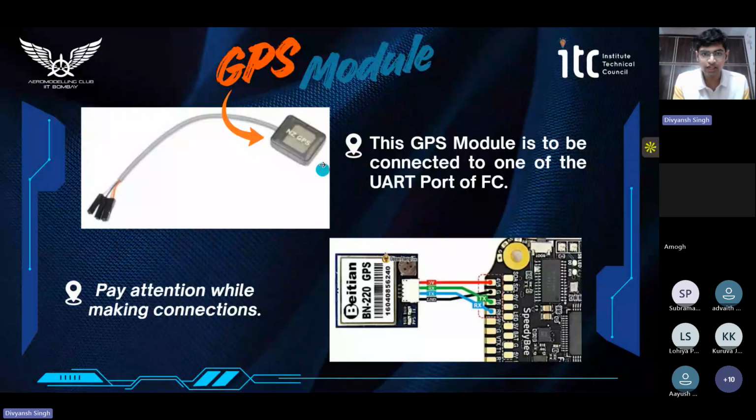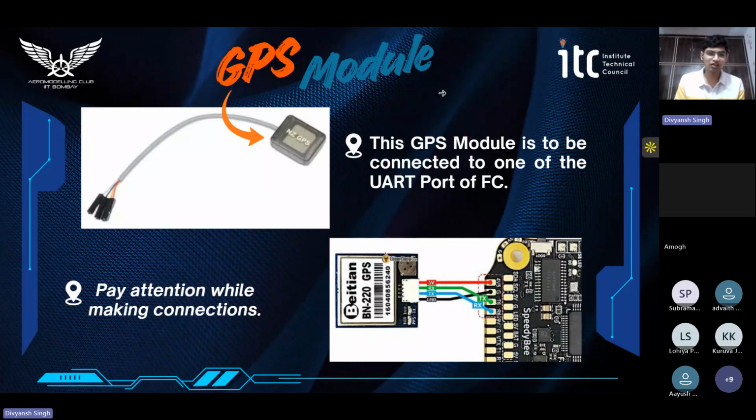As you can see, this here is a GPS module. It's a small module which needs to be connected to one of the UART ports of your flight controller if you want your aircraft or drone to have navigation properties, or if you want to trace where it goes. And there are certain advantages of connecting a GPS module to your drone or your aircraft.